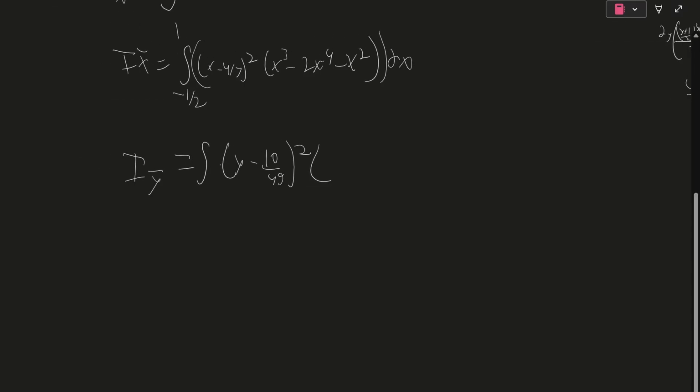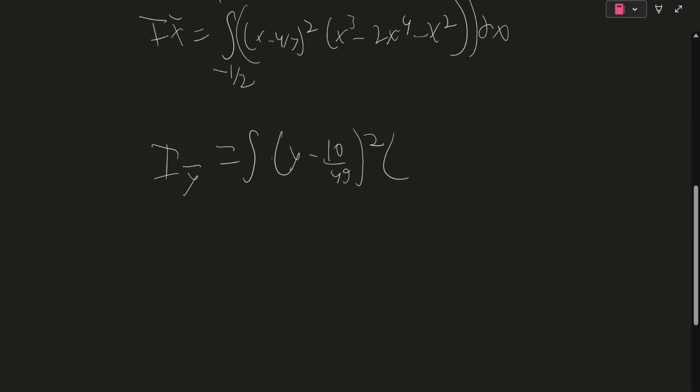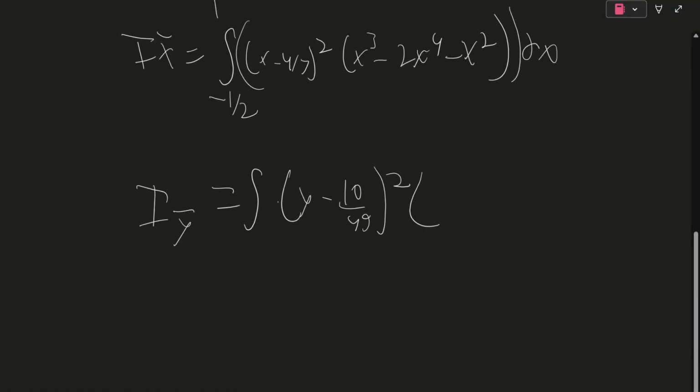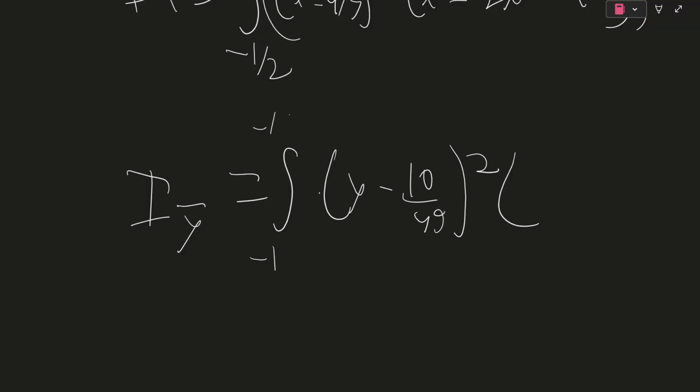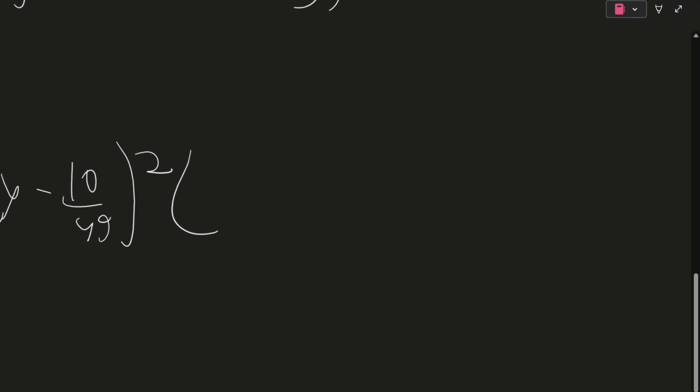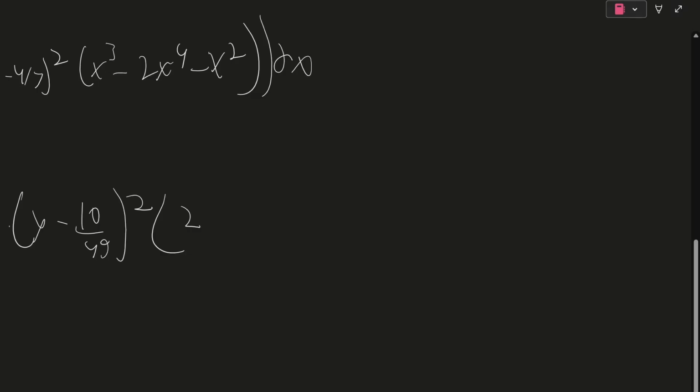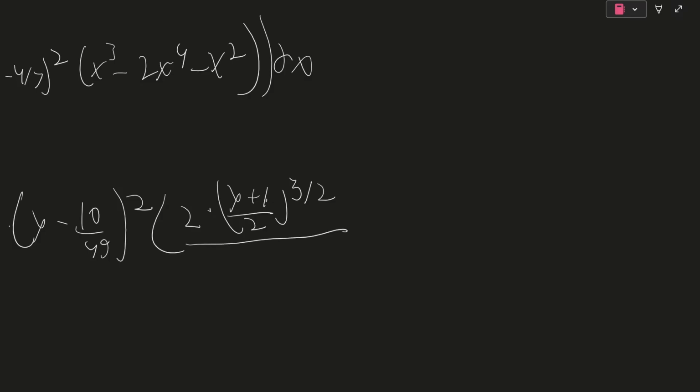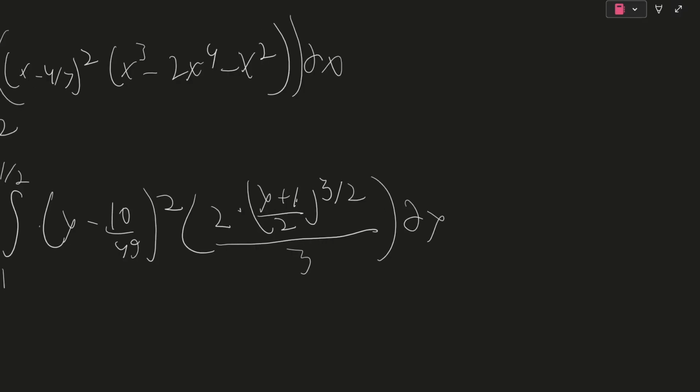So we're going to have from -1 to -1/2, and this is going to be from whenever y is less than -1/2, 2 times y plus 1/2 to the 3/2, and then that's all divided by 3, and then dy goes at the end.